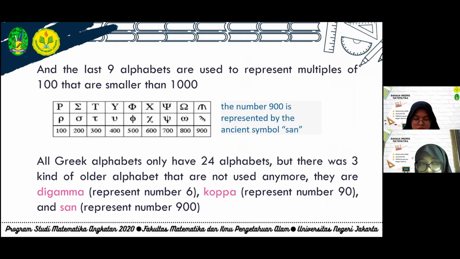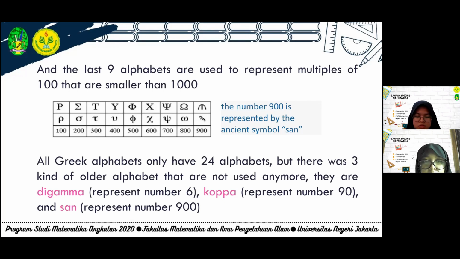You can see rho represents 100, sigma represents 200, tau represents 300, upsilon represents 400, phi represents 500, chi represents 600, psi represents 700, omega represents 800, and the last, sampi, represents 900. All Greek alphabets only have 24 letters, but there were 3 letters that are not used anymore.